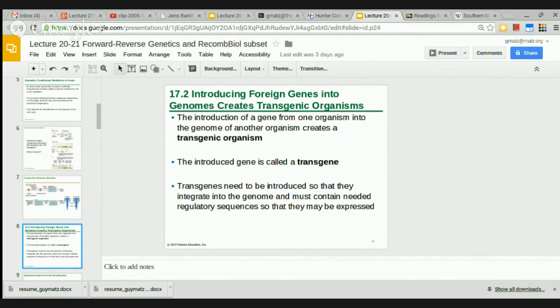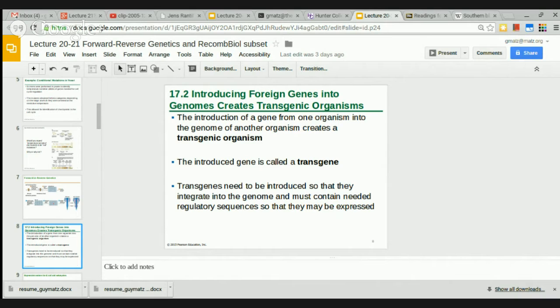Or we could be taking from a human and putting it into a yeast. But the introduced gene then is called a transgene.